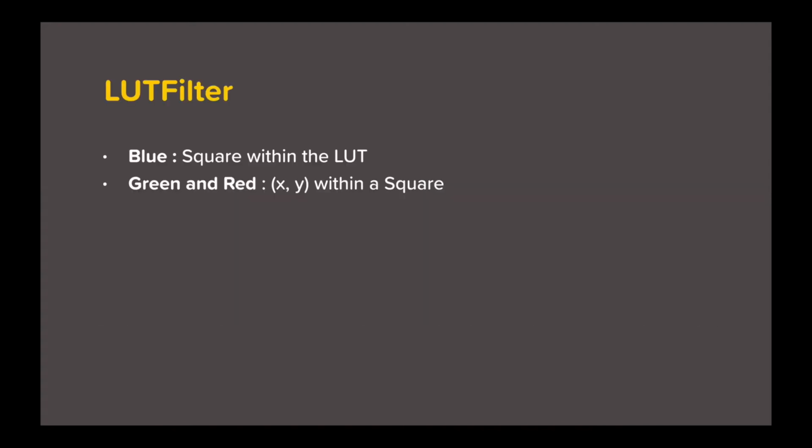So in order to find a particular RGB value within this, what we need to understand is that the blue will give which square to pick, and the green and red values within that square will give me the x and y coordinates. Let's take an example to understand that. Input pixel is this 127, 127, 64 LUTs.